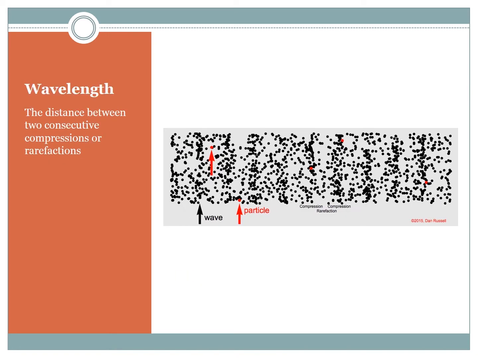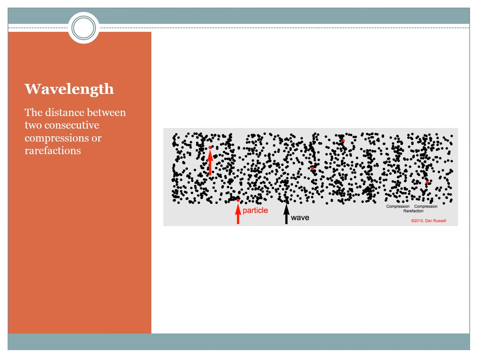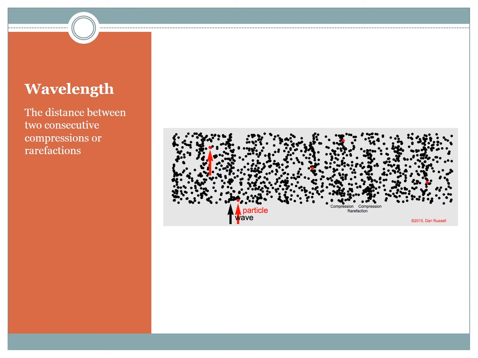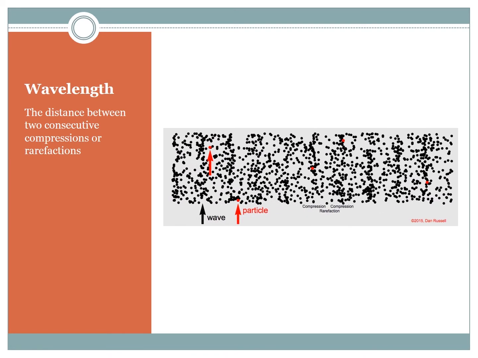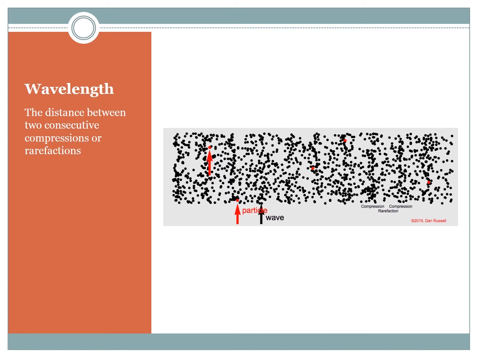As we know that longitudinal waves move in the form of compressions and rarefactions, the definition for the wavelength is going to be a little bit changed. The distance between two consecutive compressions or rarefactions is known as its wavelength.